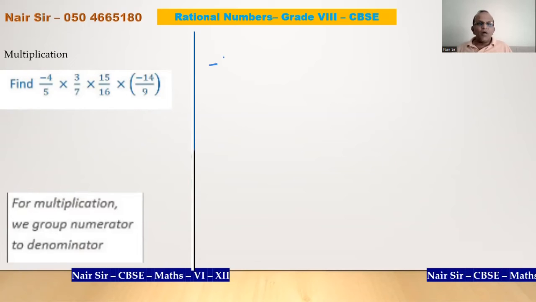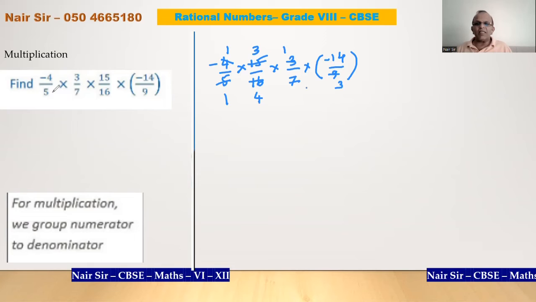Minus 4 upon 5. Let me see. 5. Oh, there is 15. I'm going to bring this gentleman here. Multiply by 3 upon 7. Multiply by minus 14 upon 9. 4 ones are 4. 4 fours are 16. 5 ones are 5. 5 threes are 15. 3 ones are 3. 3 threes are 9. 7 ones are 7.